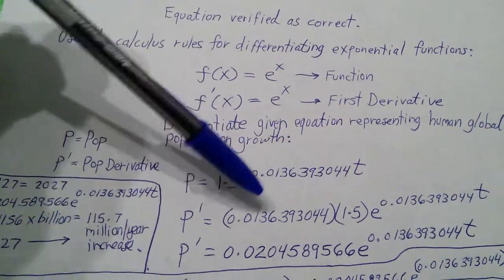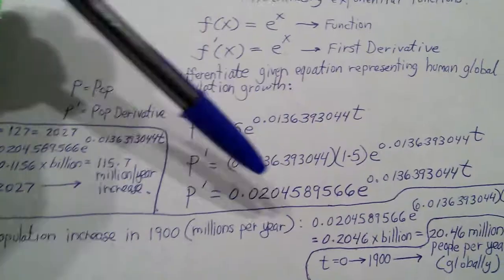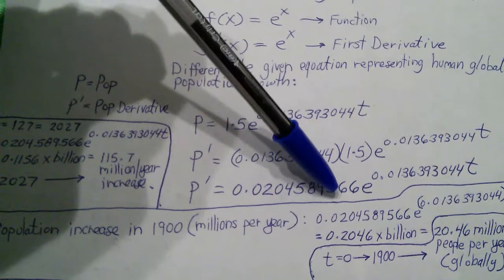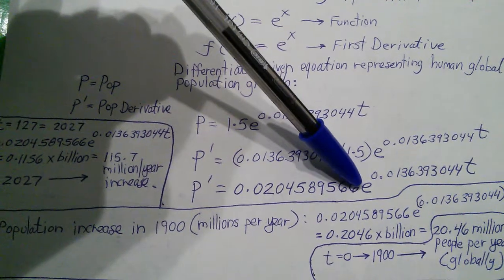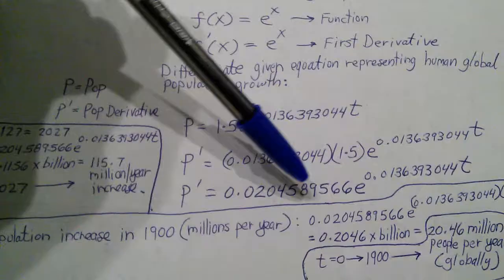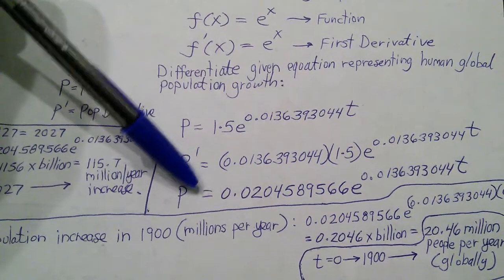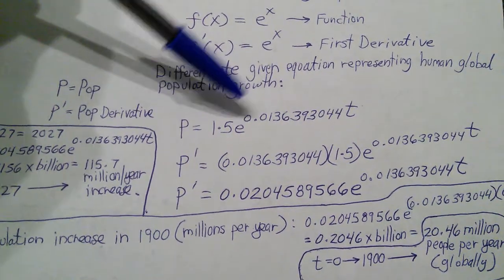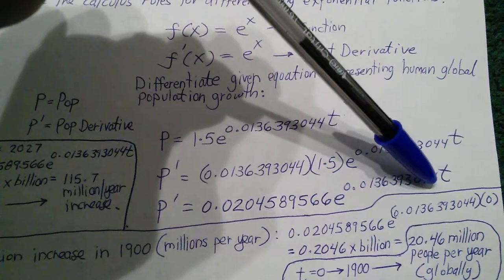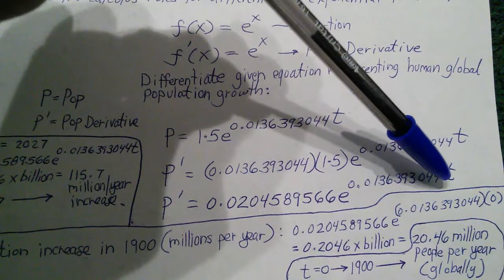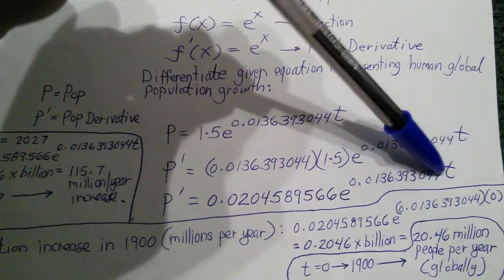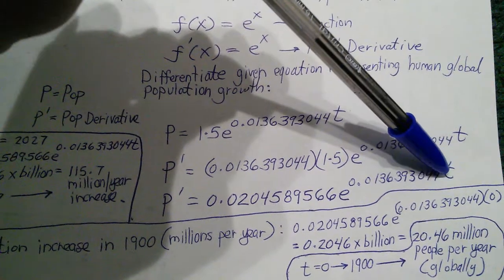And then we repeat this whole equation again. So when we compute it, we get this coefficient to the exponential, and then we repeat the kt again. So this would be the derivative of this equation, for which when we put the time in, we will know the exact rate of change in population growth per year in any year we put in for t.